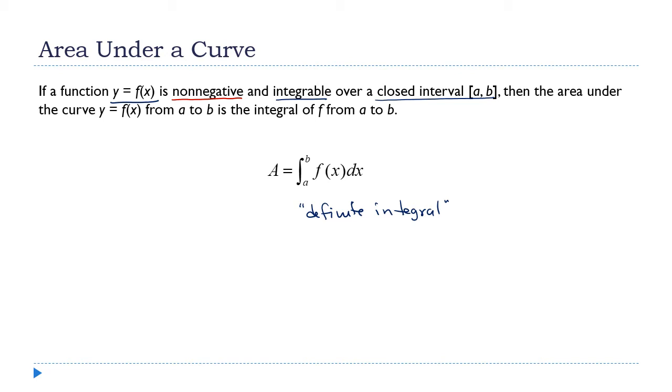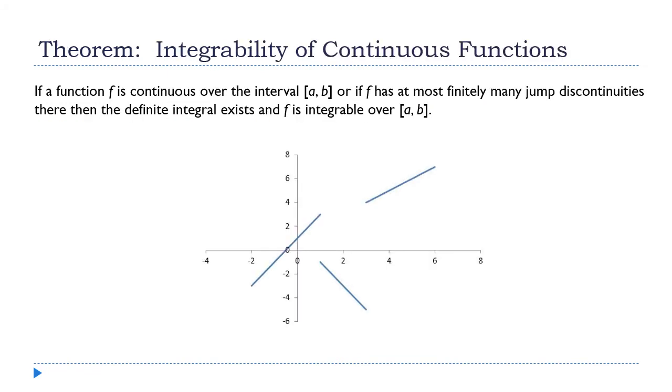We're going to revisit this more in later lectures when we start looking at specific examples. It's going to be a little bit of a headache when we talk about functions that have a negative part and a positive part. So under these conditions, the function is non-negative, it's integrable, we're talking about a closed interval, then the area under the curve from A to B is the same as the integral of f from A to B.